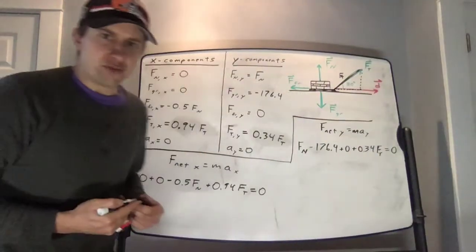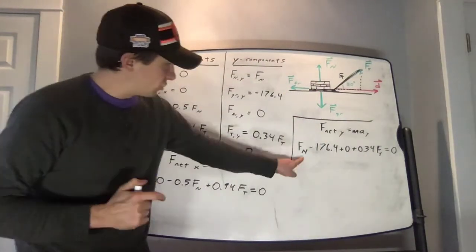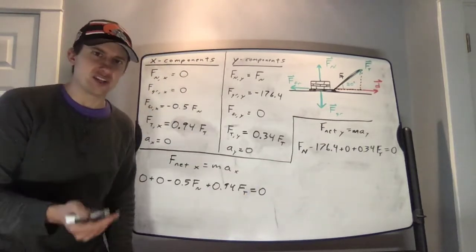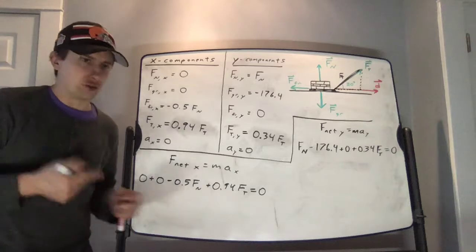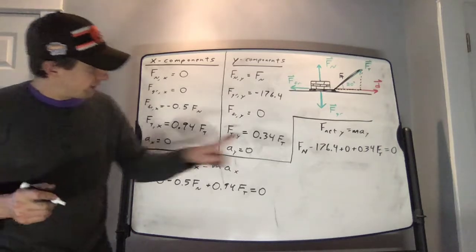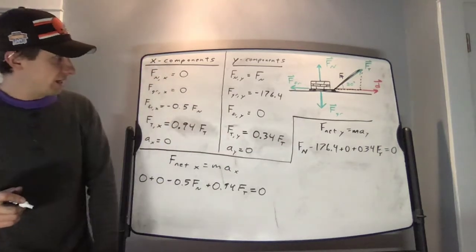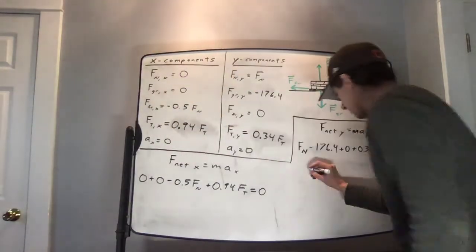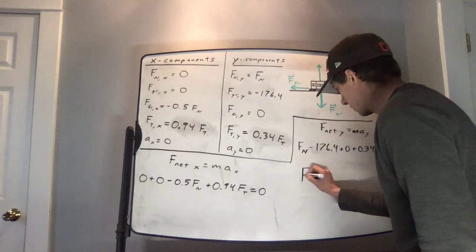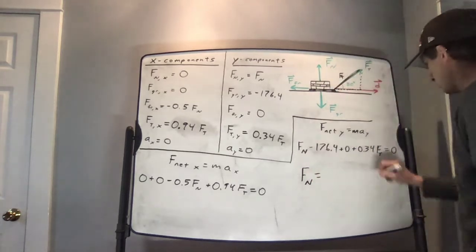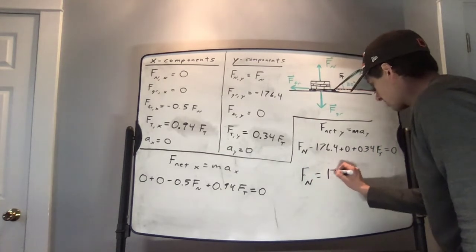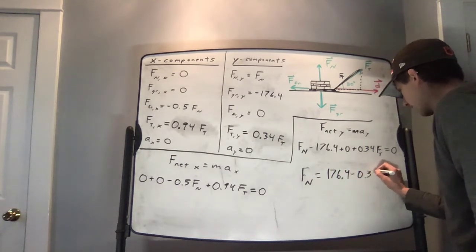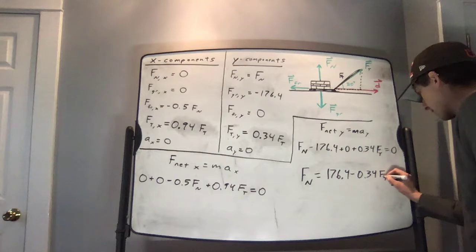To answer part A of this problem now, we just have 2 equations with 2 unknowns. This is a system of equations. The rest of this problem is just algebra. So let's take this equation and rewrite it as F normal is equal to 176.4 minus 0.34 Ft.